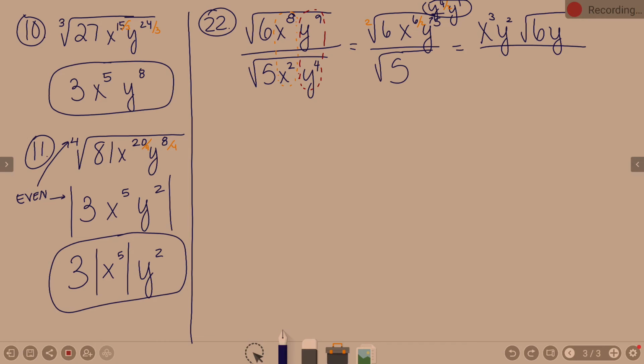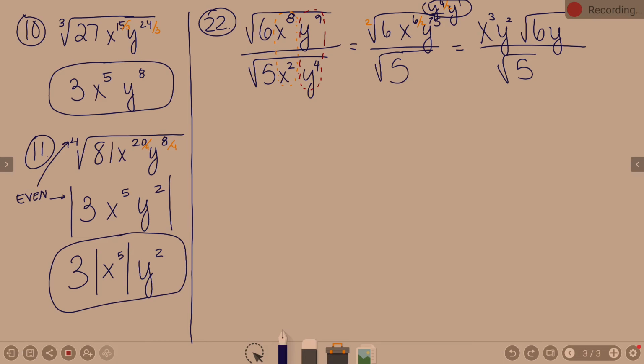And then what about this denominator? The square root of 5 is going to stay square root of 5. Okay, we've done all the simplifying we can. We divided. We took out perfect squares. Can I leave my answer like this?